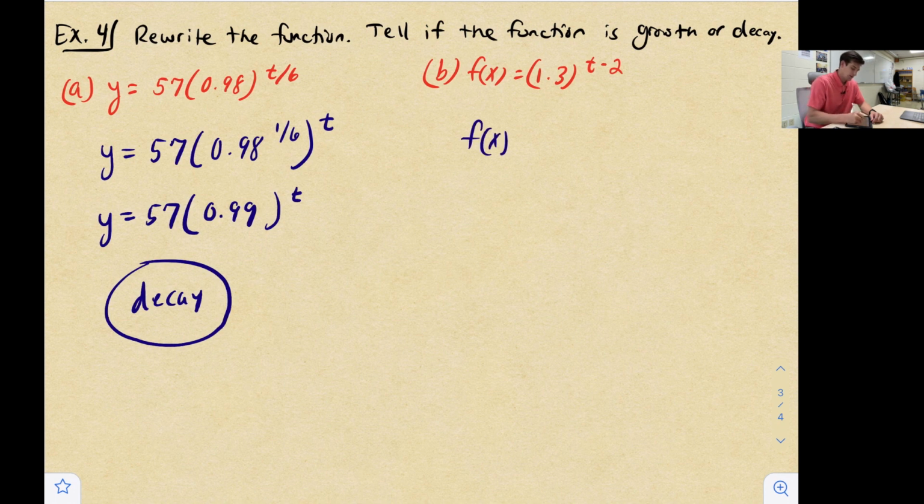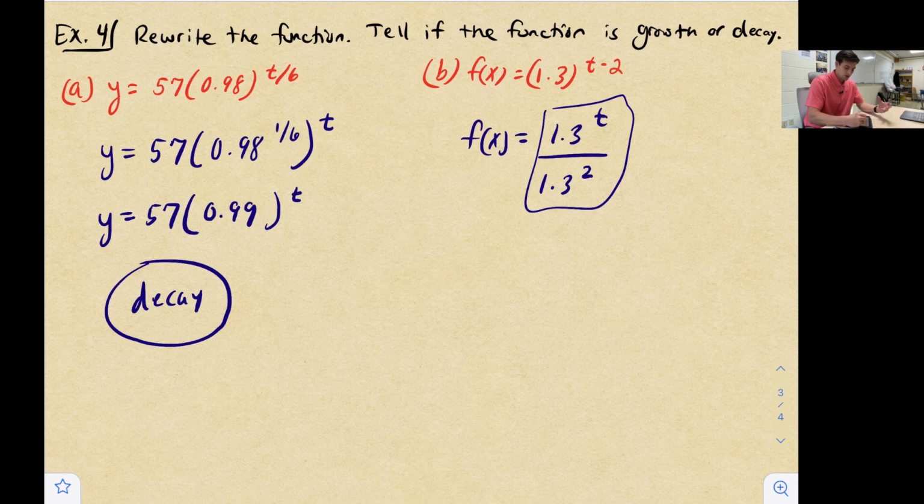So we could rewrite this as 1.3 to the t divided by 1.3 to the second power. The reason we do that, if we looked and we saw this right here, what would we say? We say, okay, we have the same base, so we can keep the base and we can just subtract the exponents. Well, that's the same thing we see at the start, right? So basically, once again, we just undid that exponent rule.